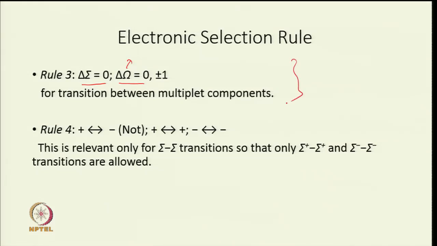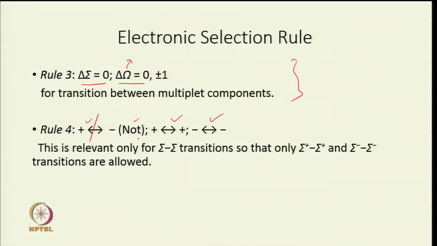Not only that, we also have a rule based on symmetry. What is that rule? Plus to minus is not allowed, whereas plus to plus and minus to minus is allowed.